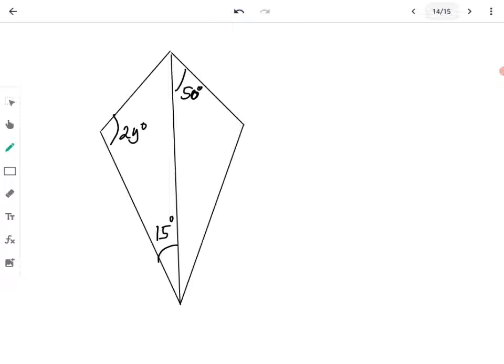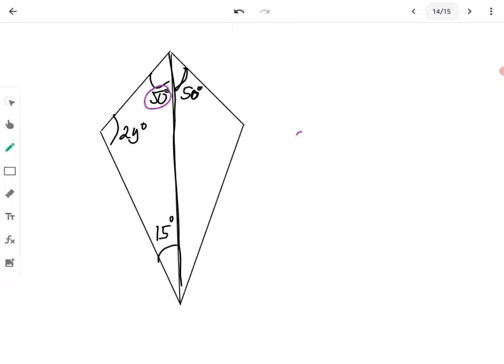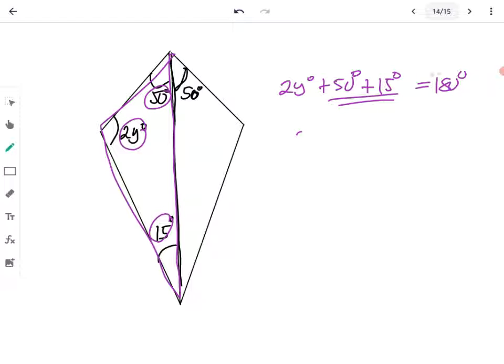Okay, we have another one. If we draw a diagonal, this diagonal bisects the interior angles. What does it mean? This is 50 degrees. Since this is a bisector, this is also 50 degrees. And notice that this can be added to 180 degrees because this is a triangle. So we have 2y plus 50 degrees plus 15 degrees, and this becomes 65 degrees, total of 180 degrees.